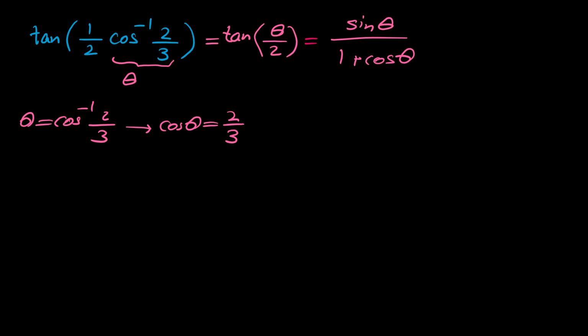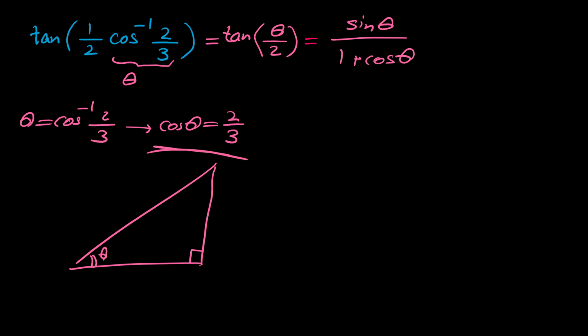For finding sine of theta, we can draw a right triangle. Let's suppose this angle is theta. This is a right triangle. Cosine of theta is 2 over 3, so the adjacent side is 2 and the hypotenuse is 3. We can use the Pythagorean theorem for finding the length of this side. Let's suppose the length of this side is y.